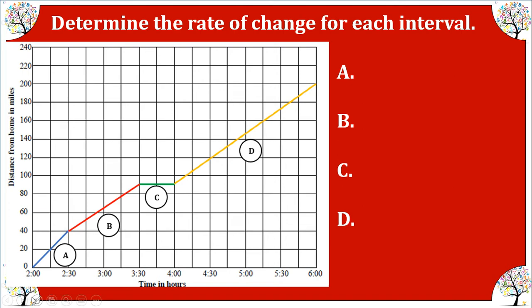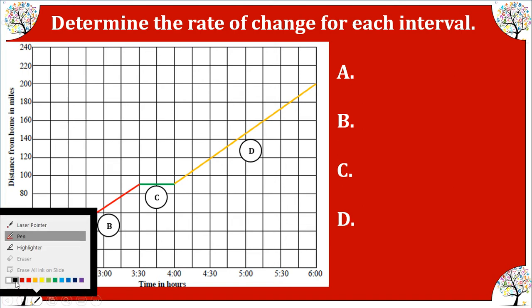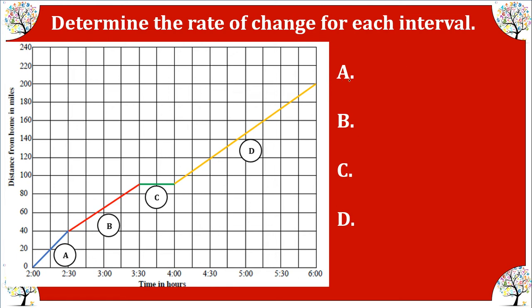Okay, let's look at this graph and determine the rate of change. So here in interval A, let's look at our x. It's going from 2 to 2:30 to 3.